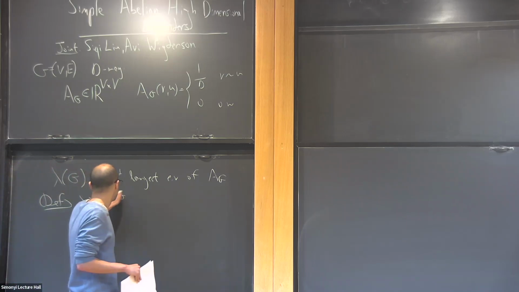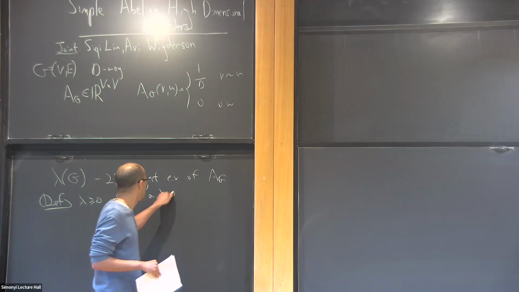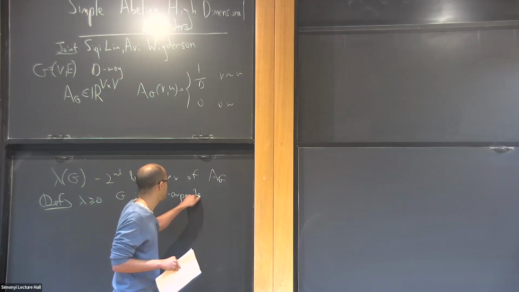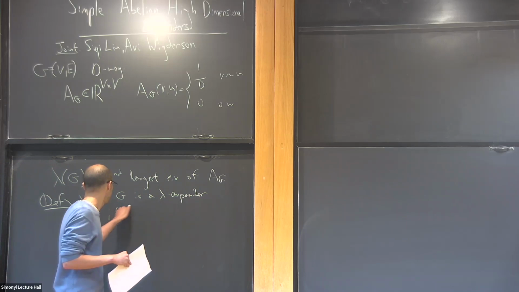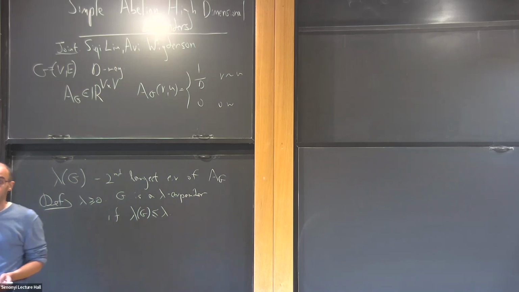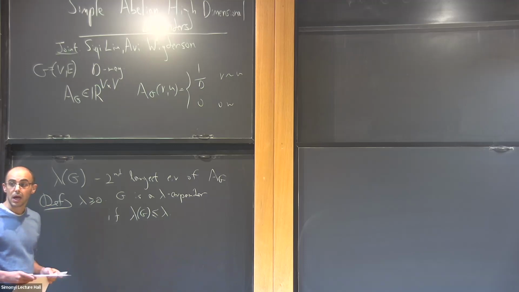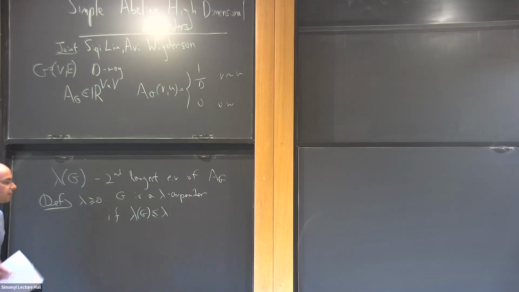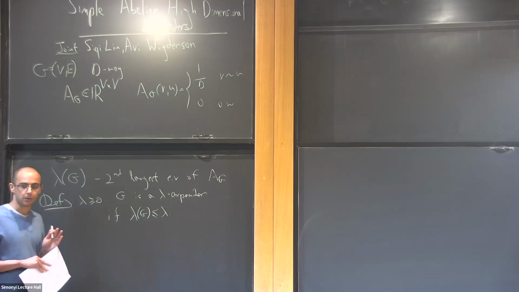We say that G is a lambda expander, or lambda two-sided spectral expander, if lambda(G) is less than or equal to lambda. I'll just comment, if you've seen other definitions of expansion with outgoing edges and so on, it's okay to think about these. They're mostly equivalent up to this one-sided, two-sided technical detail. If you know this definition, then it is quite standard. And if you haven't seen any definition at all for expansion, let me maybe tell you what I think about expansion.